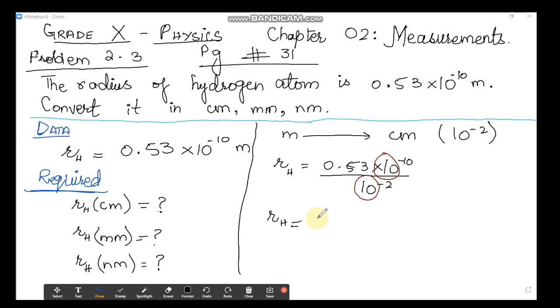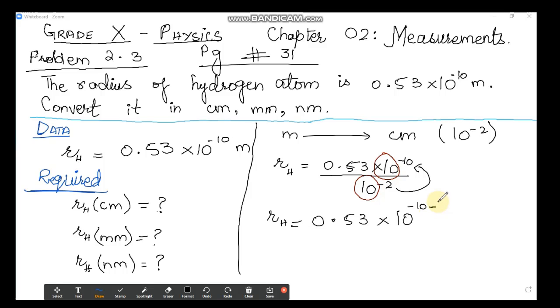So 0.53 × 10 will be written once, the power -10 will remain in its place, and this -2 comes to the -10, and according to the rule we have to subtract it.